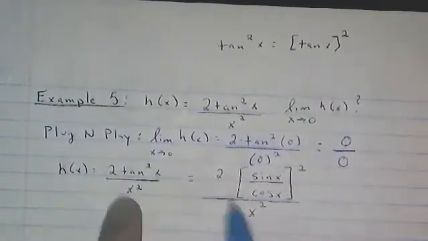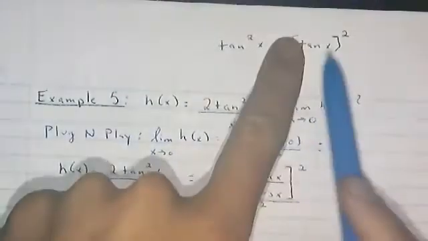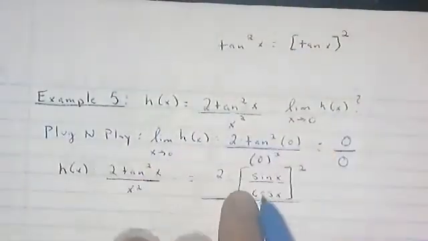Because again, tangent squared x means tangent of x squared, and the tangent of x is the sine over the cosine.